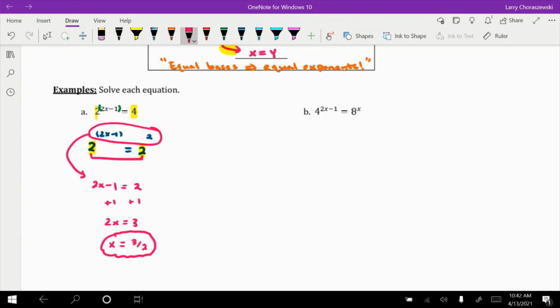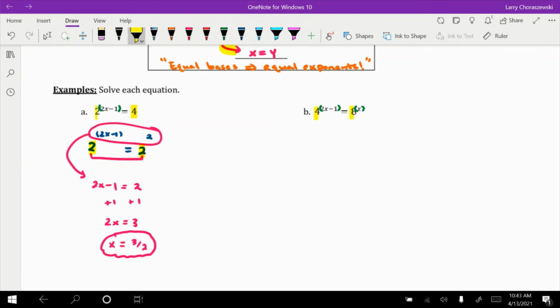Let's look at part B. We have 4, and in its exponent, the expression 2x minus 1 again. And then on the right, we have 8 to the power of x, which, although not necessary, I'll put in parentheses. Each side involves an exponential expression. The left-hand side has a base 4, and the right-hand side has a base 8.